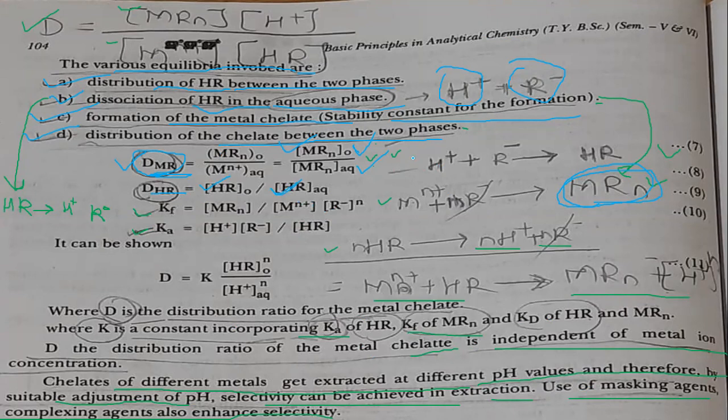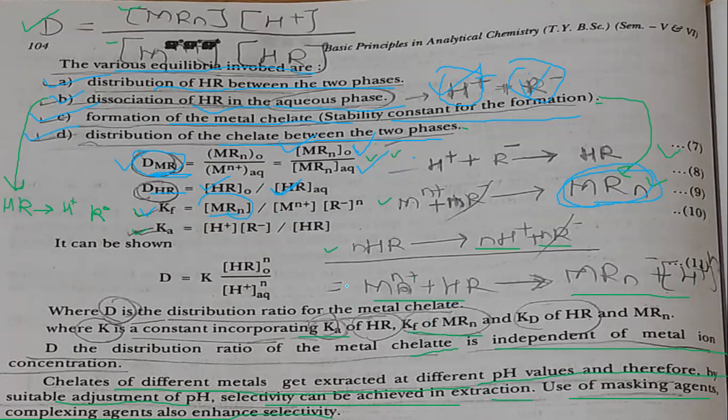How will it dissociate? HR will dissociate as H plus and R minus. Okay, two ions will be formed. KF, okay, what is KF? Concentration of MRN upon Mn plus and Rn minus. Where do we see this?